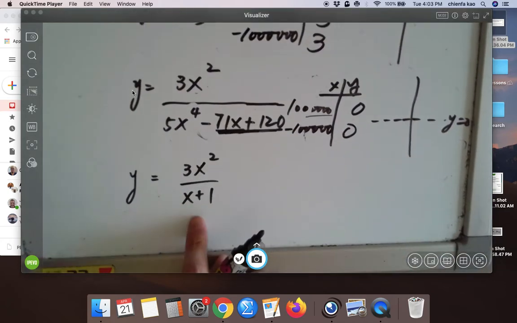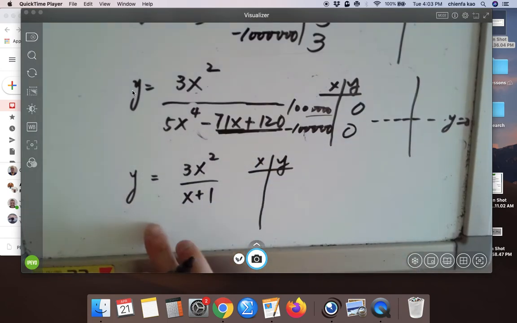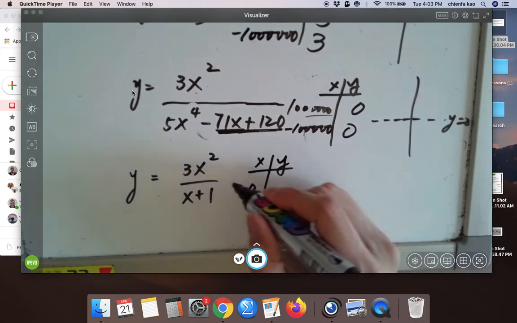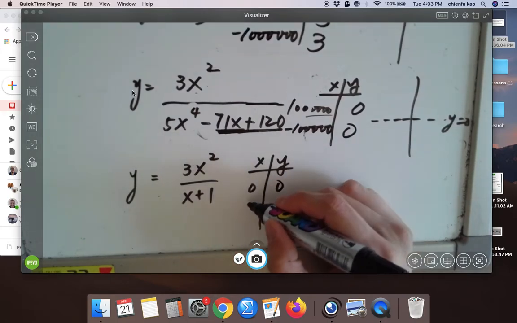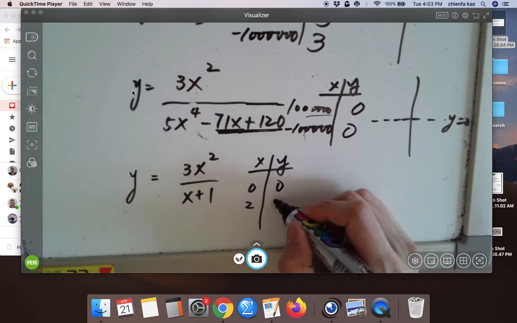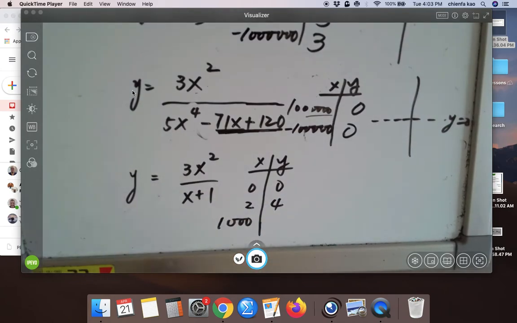Now, this time, take a look at this number. This time it's slightly different. If you follow the same rules, you'll be fine. If you plug in a number like 0, you will get 0. If you plug in 2, you will get 4 over 1, you get 4. If you plug in 1,000, take a look at what you will get.